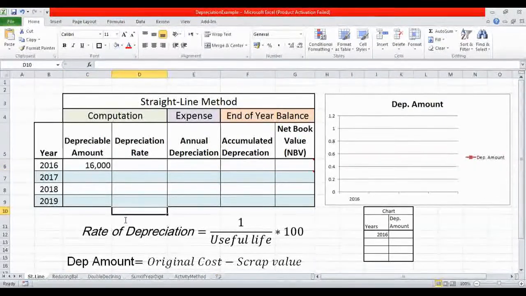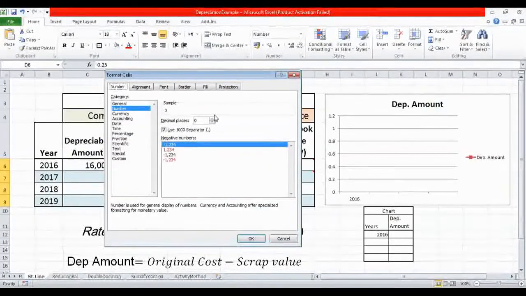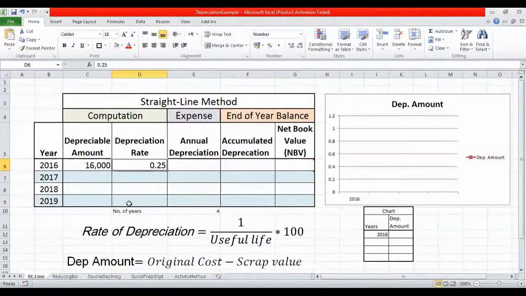For this example, the number of years is 4. So 1 over 4 times 100, and our rate comes out to be 25%.